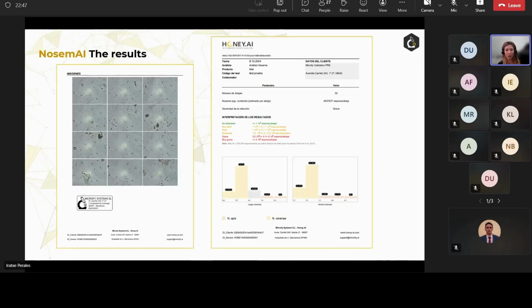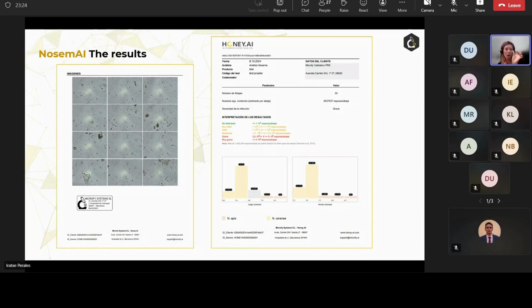This is how the PDF of results looks like. When the user finalizes the analysis, there is a PDF of results in which you can see the number of spores per bee, also the degree of infestation. Also, you can see images, so you can directly see the fields that the microscope has covered. And here in the table, you can see an estimation of different species based on width and based on length.